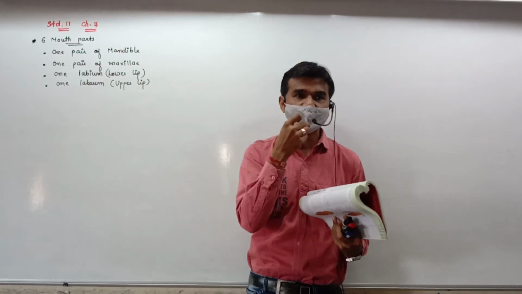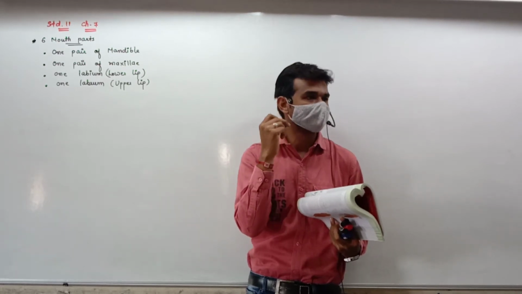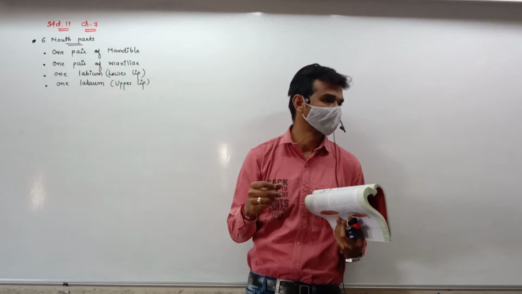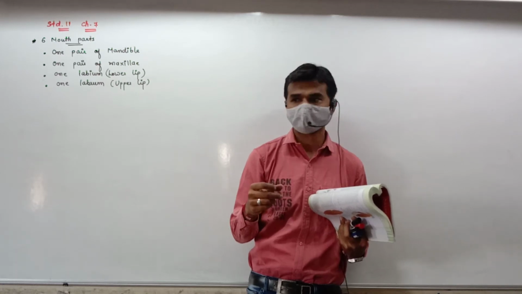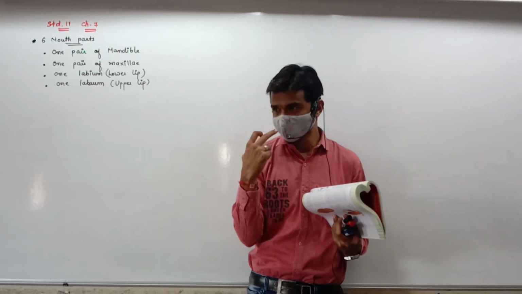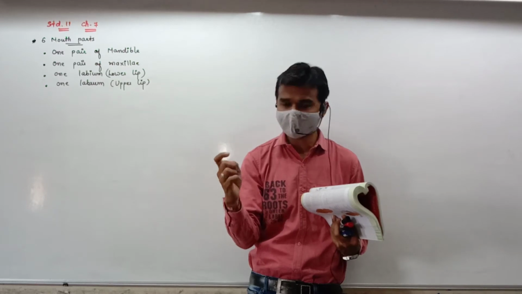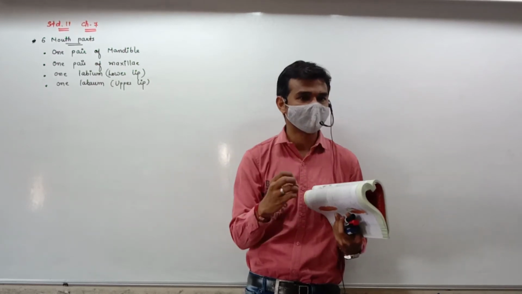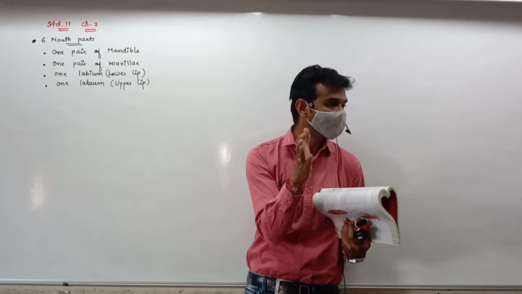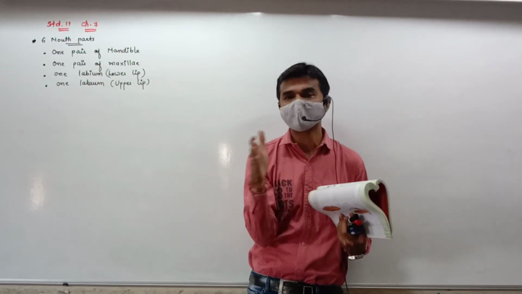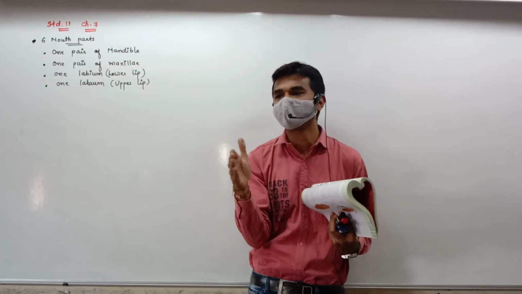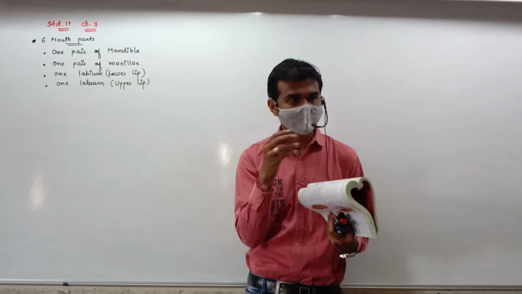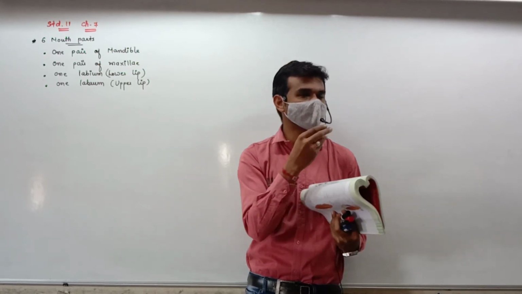Do you know the major function of the tongue? It is for taste sensation. Also mastication, and moving the food from one region to another during the chewing process. Right?